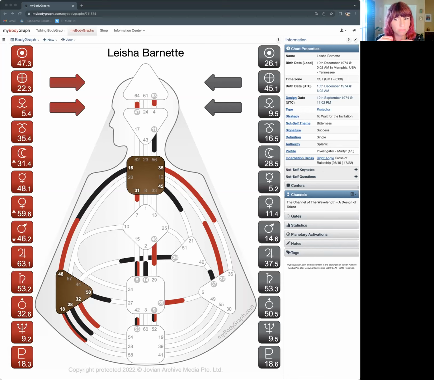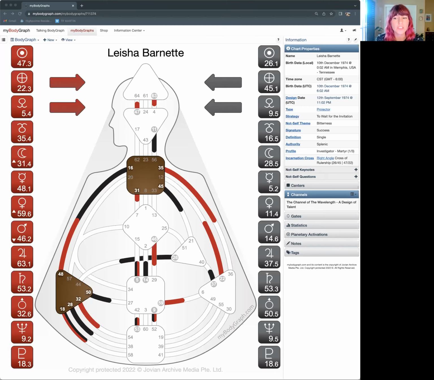I'm naming particular words that are actually in the different gates in the head center, so we'll get to that in a minute. But it's this pressure for figuring things out, taking in life and moving through the confusion, doubt, and knowing, right?